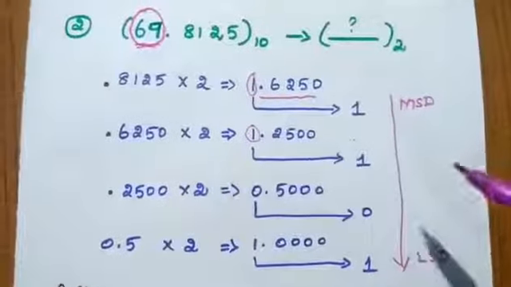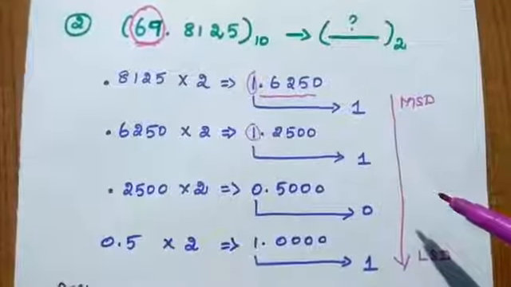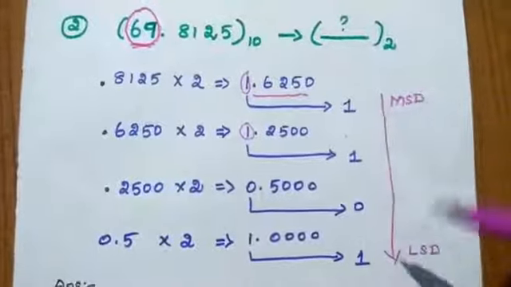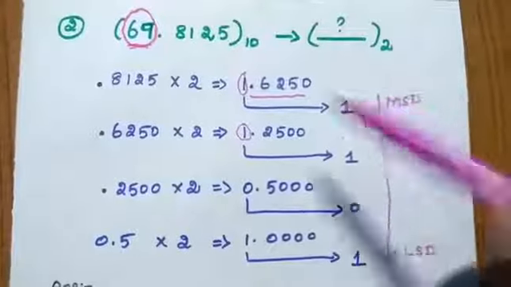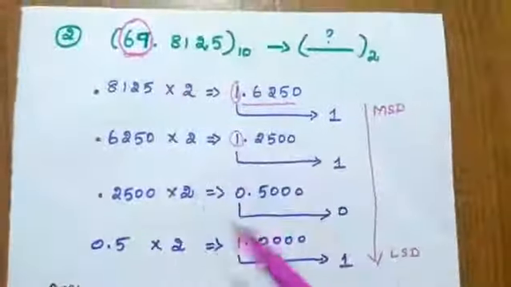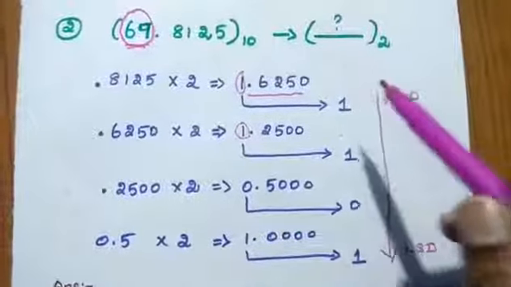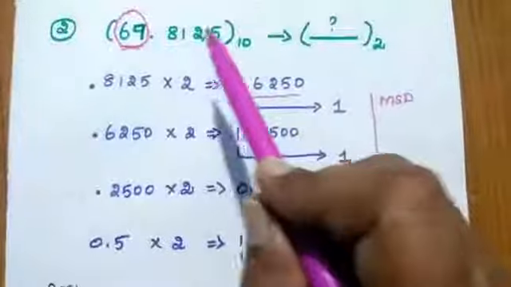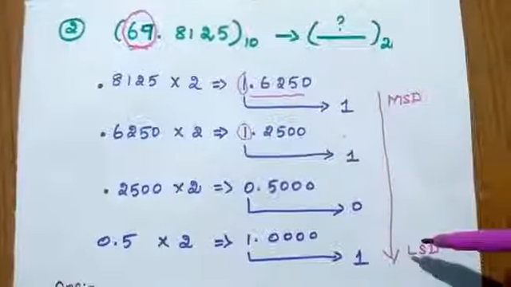In case of fractional part, we consider the values from top to bottom. In the previous problem, for the integer value, we took the remainders from bottom to top, but for the fractional part we take the values from top to bottom.